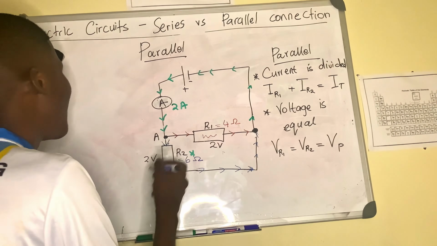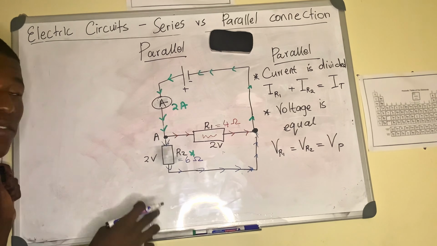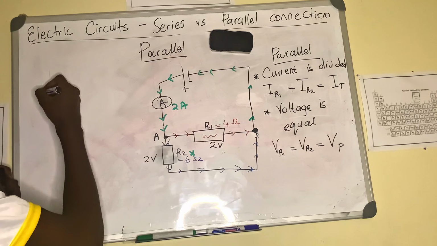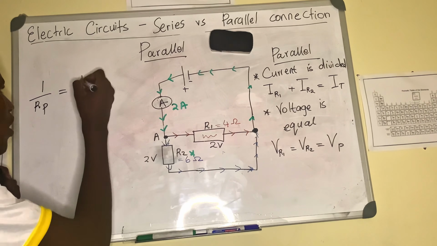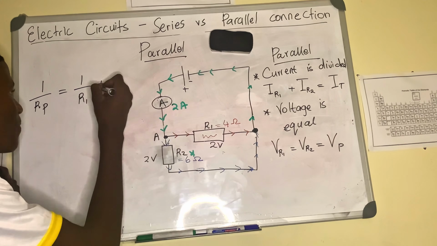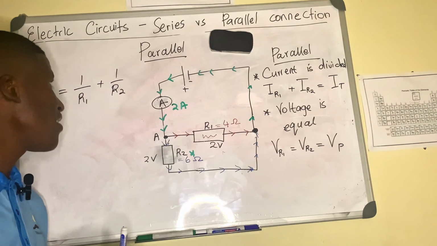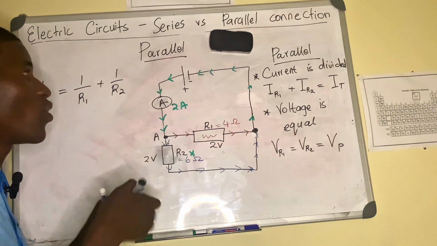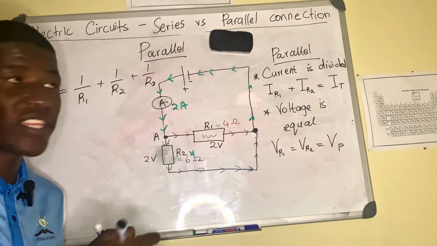To find the resistance, we have a formula that we use for parallel resistors. We say 1 over R parallel is equal to 1 over R1 plus 1 over R2. If there are more than 2 resistors, you can continue and say plus 1 over R3 until you finish all the resistors.